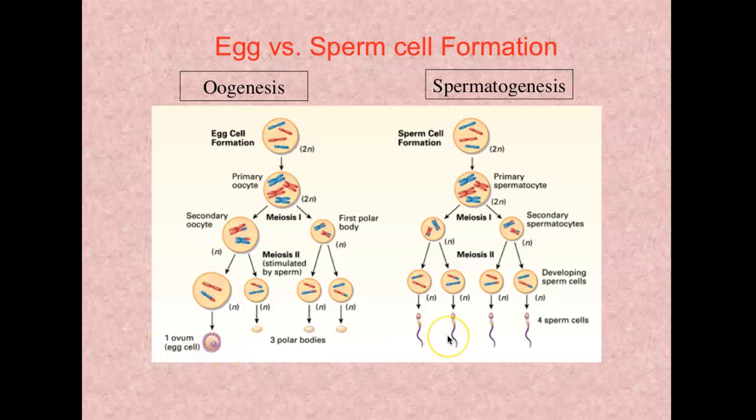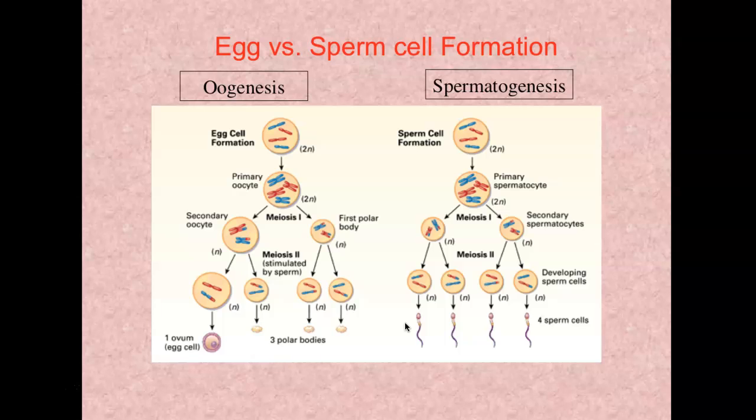Males are constantly producing sperm cells over time, millions and millions throughout their lives. Females, on the other hand, are actually born with their egg cells. Those egg cells, as they mature, develop into fertile egg cells, which can then be fertilized by a male sperm cell to have a child.